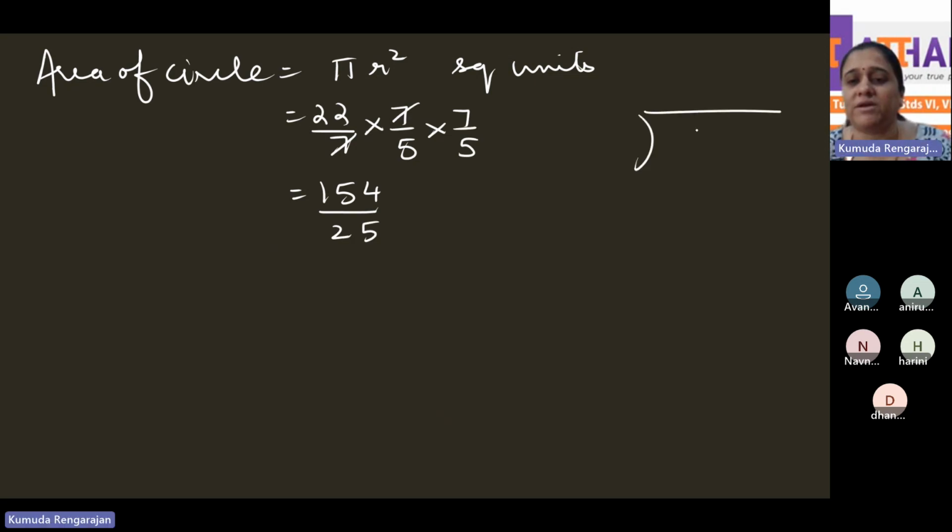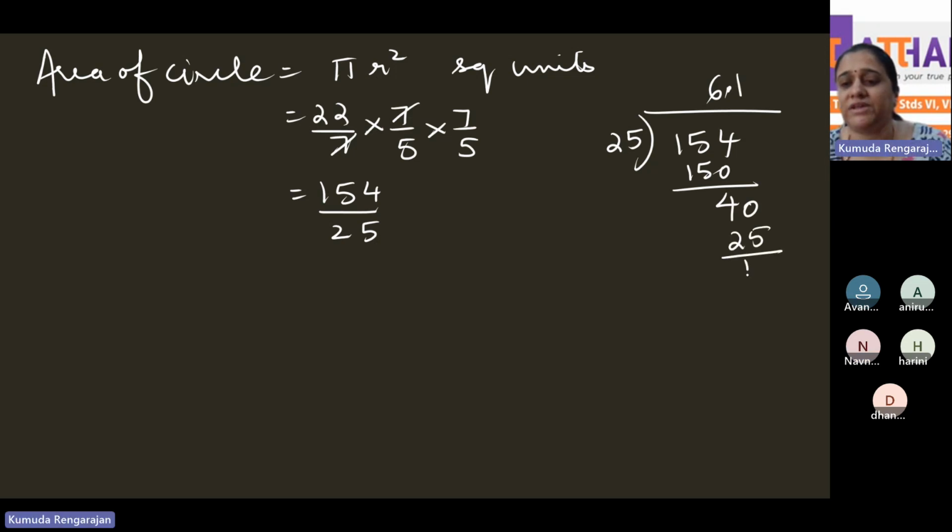Now 154 divided by 25. 25 6s are 150. 4 is a remainder. Keep a point, add a 0. 25 1s are 25. 15 is a remainder. Add a 0. 6 25s are 150. So, Avanish, you're right.